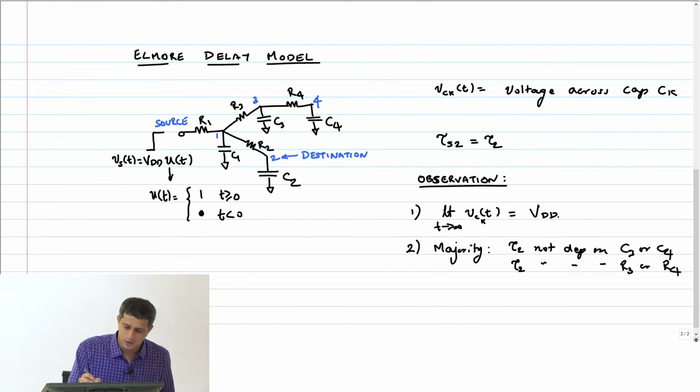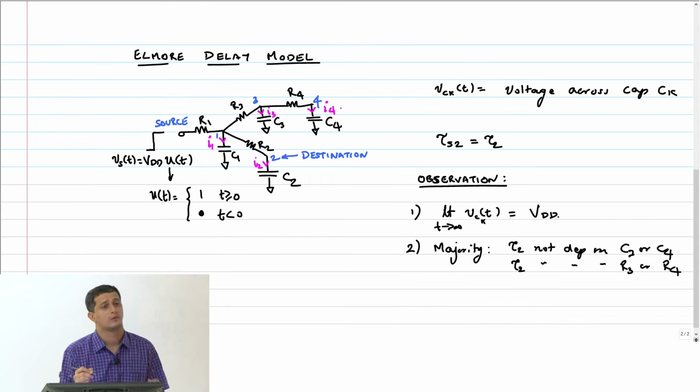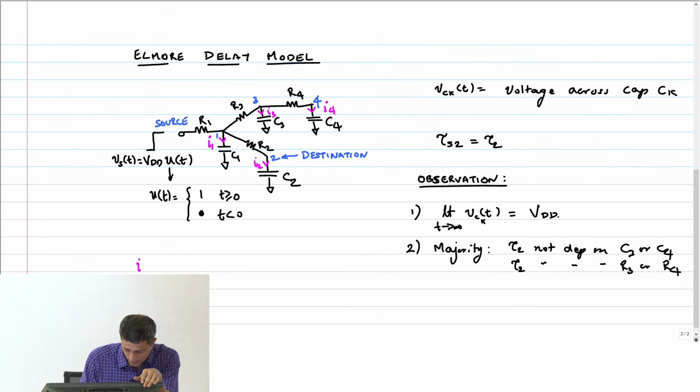Okay. So now let's put in some notation. The current through each of these nodes, I am going to call it I1, I2, I3, I4. Okay. So the current Ik of t, what is it in terms of Vck of t?